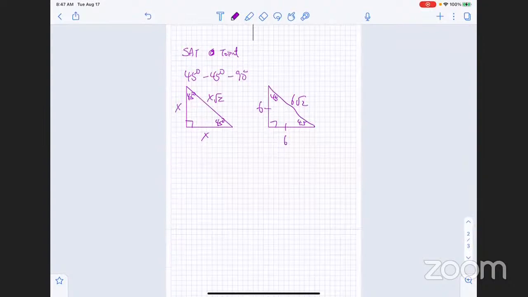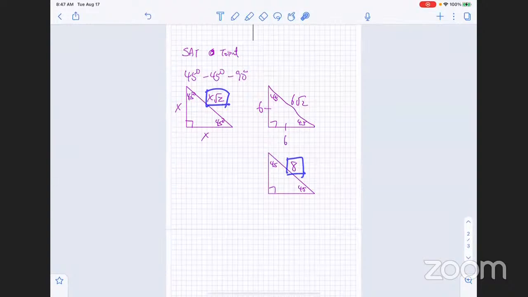But sometimes it gets kind of difficult. The SAT might ask you something like this, and you say, okay, well, what do I do with that? Well, if you have 45, 45, this is 90. And let's say this side is 8. What you're going to do is take the 8 and set it equal to this ratio. Then you can figure out what x is.